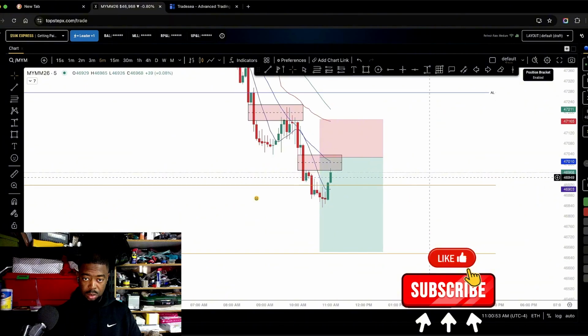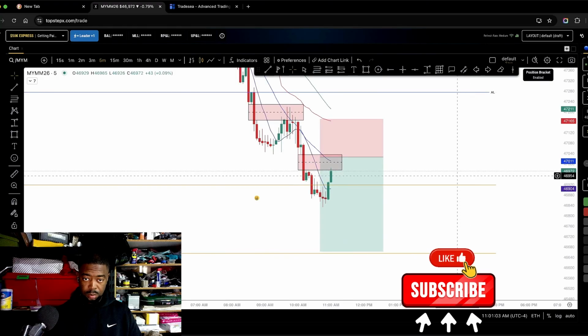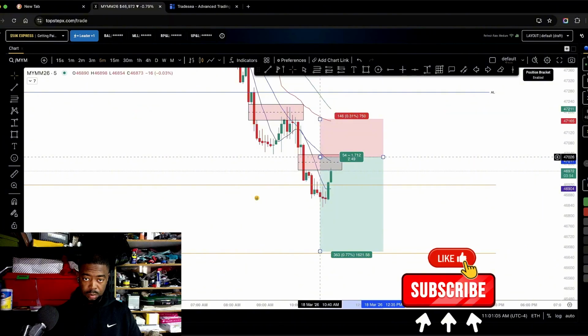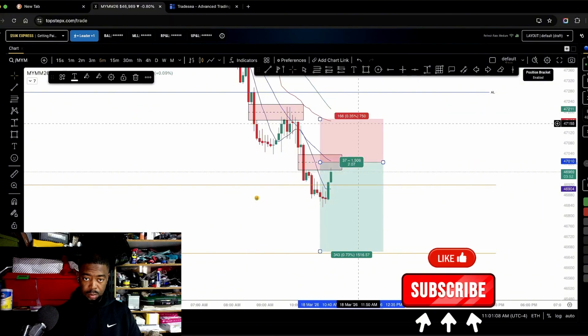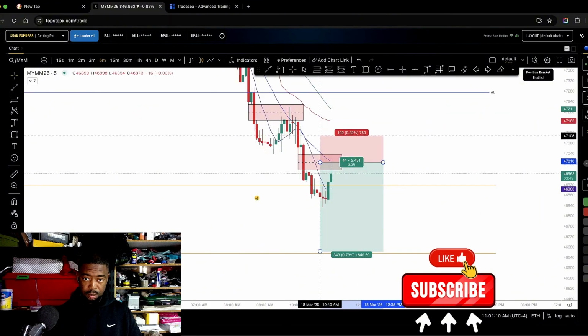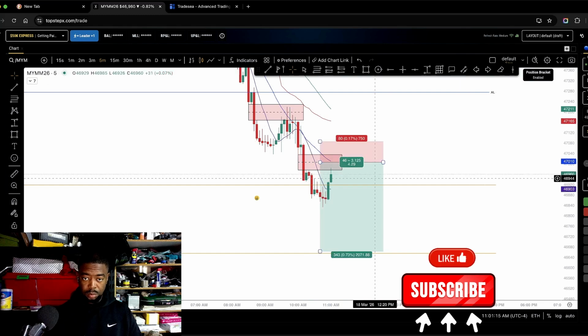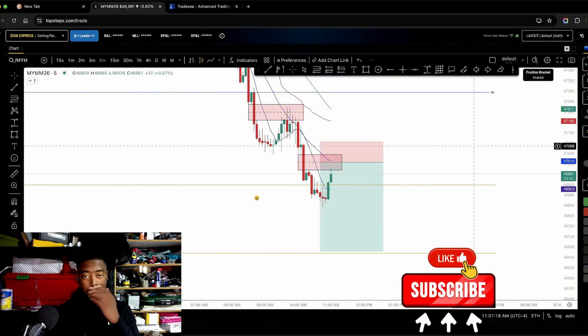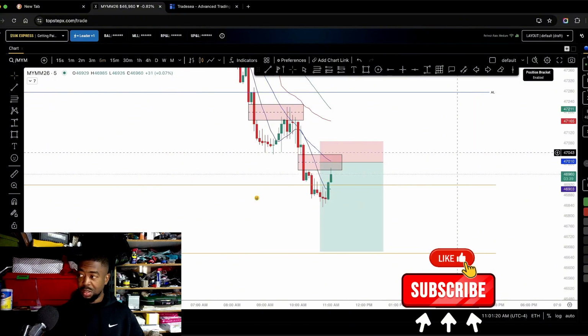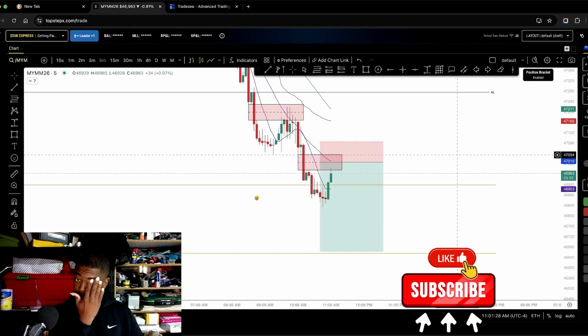Okay, we're getting some rejection. See, this is what I like to see. Nice rejection inside of that gap. I want that candle to be weak as hell.